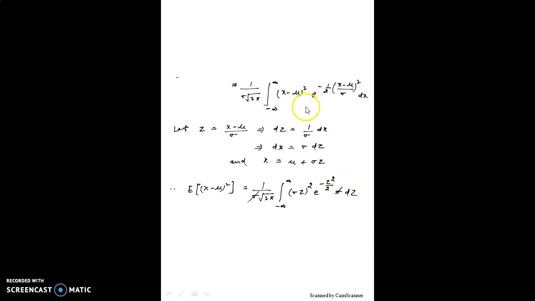Again, substitute the value of f(x), and to simplify the integral, let us substitute z equal to (x minus mu) upon sigma, then dz equal to 1 upon sigma dx, and x equal to mu plus sigma z. Substituting these values in the above integral, we will get 1 upon sigma root 2 pi integral from minus infinity to infinity (sigma z) whole square e to the power minus z square by 2 sigma dz. Sigma will be cancelled out.